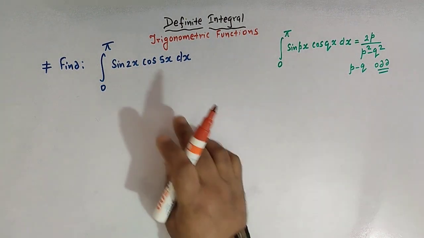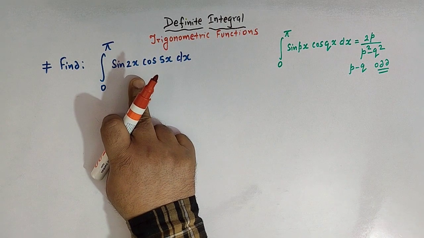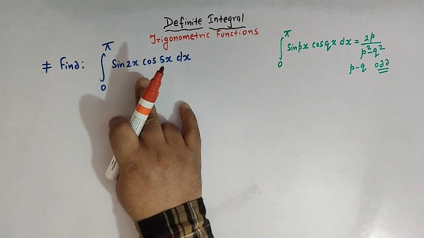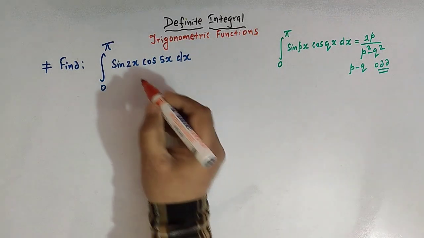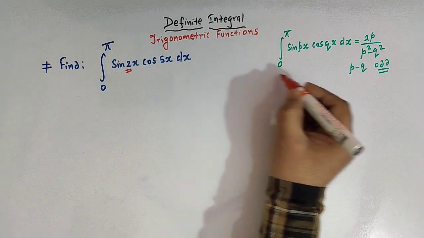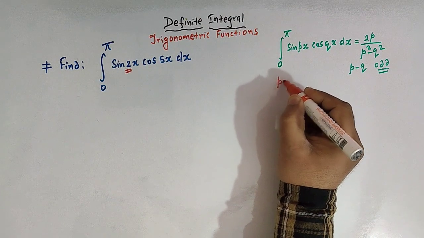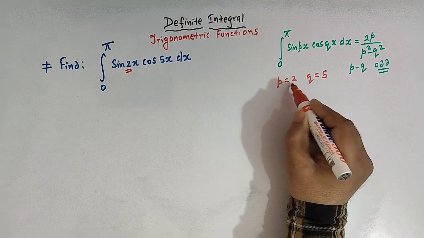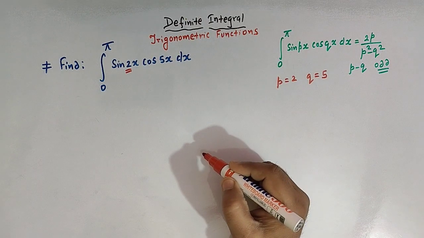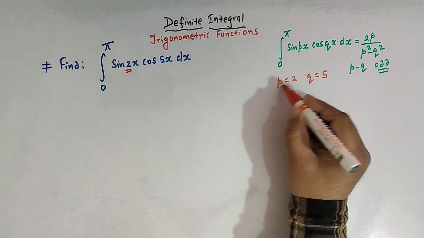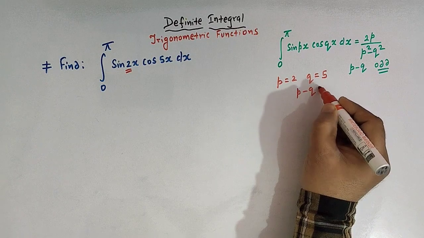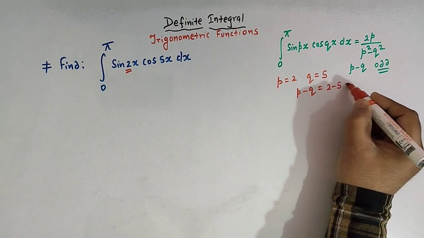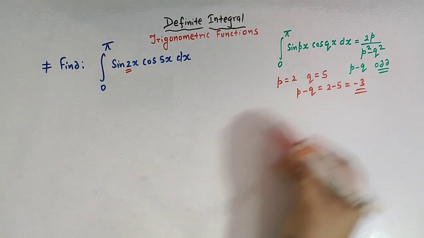Now let us apply this rule to this integral. Comparing, we see that p is 2 and q is 5, and obviously 2 and 5 are positive integers. The difference between p and q is 2 minus 5, that is minus 3, which is odd.